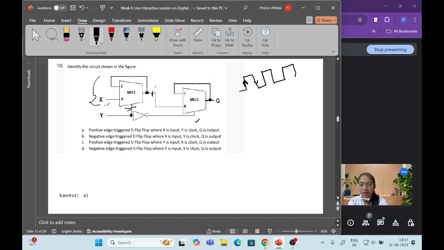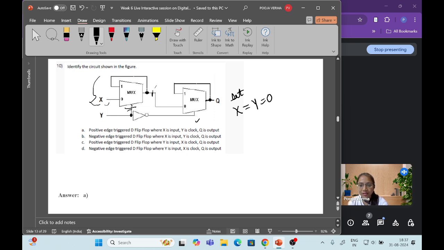So first let's assume that X and Y both are 0. Okay.